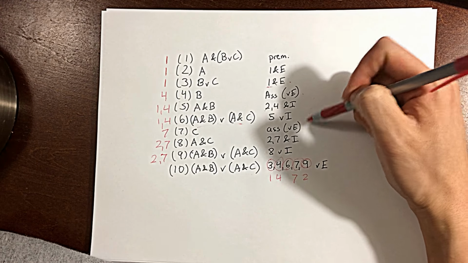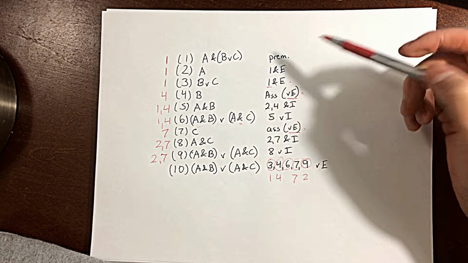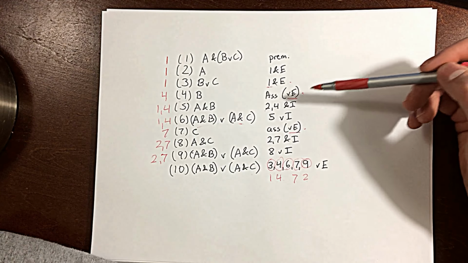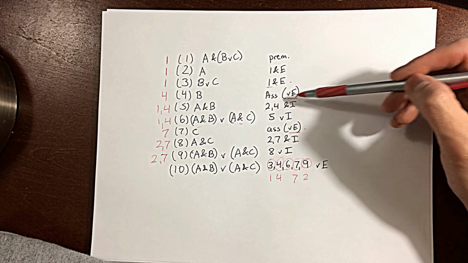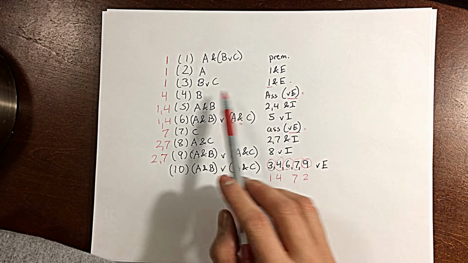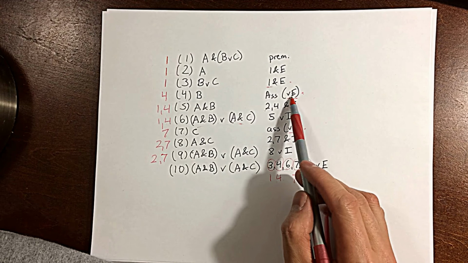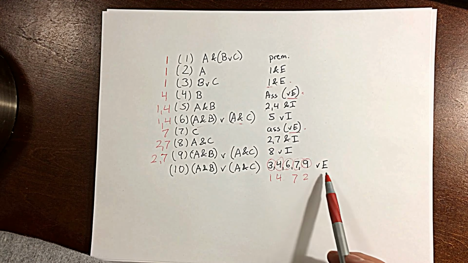However, if you look at these assumptions, you notice that we've made a note. And the note helps us in several ways. The note will help us understand why we assume this. We assume this because we're going to use OR elimination to discharge it. And also it tells us when we should discharge it.